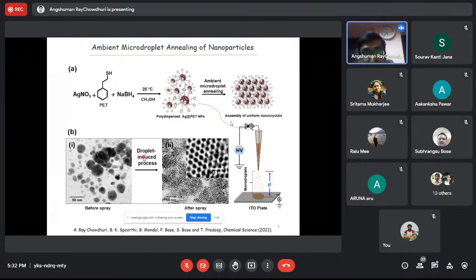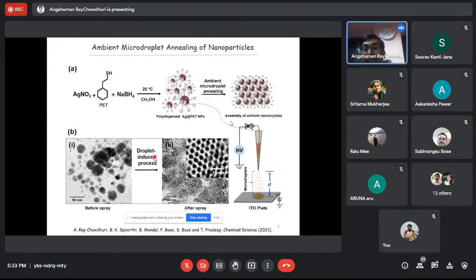So what is happening here? These charged micro droplets are transforming the polydispersed nanoparticles into a uniform assembly of monodispersed nanoparticles, as you see here. This droplet-induced process happens within a fraction of a second. That is the beauty of this type of synthesis.